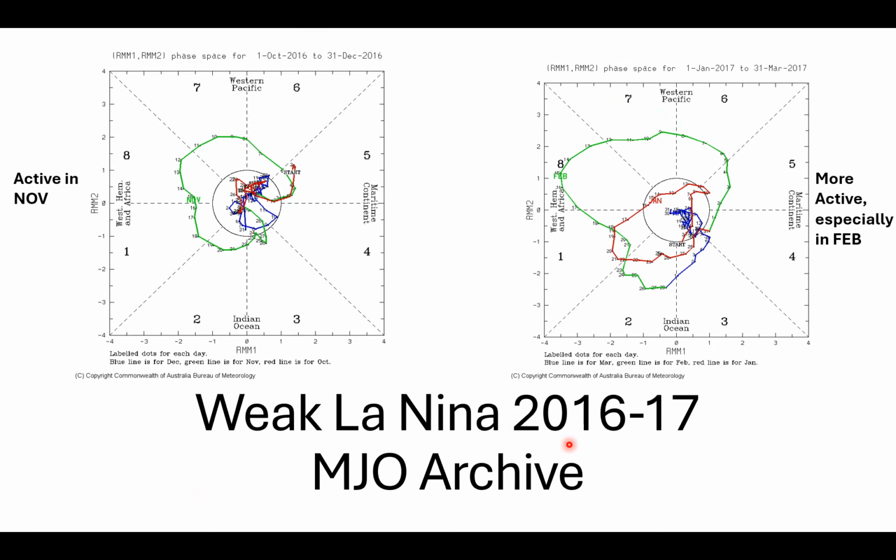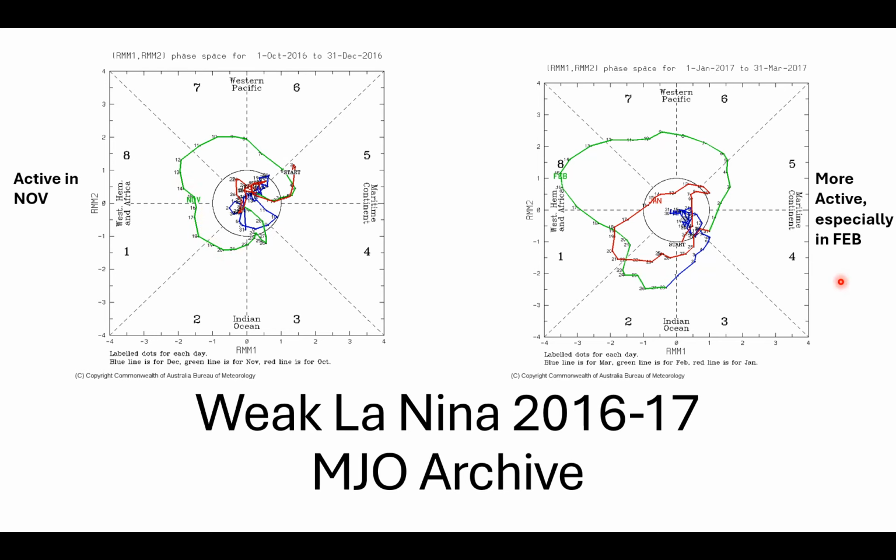If you look at the weak La Nina winter of 2016-17, notice the green line here, that's November. In the months of October and December, the red and blue line is kind of sitting in here in the middle of the diagram, so it's not a very strong signal from the MJO. But it did get active in November, coming out here in phase 5, 6, 7, and then rotating into 8 here from the 12th to the 15th of November, and then wrapping around to phase 1 and phase 2.